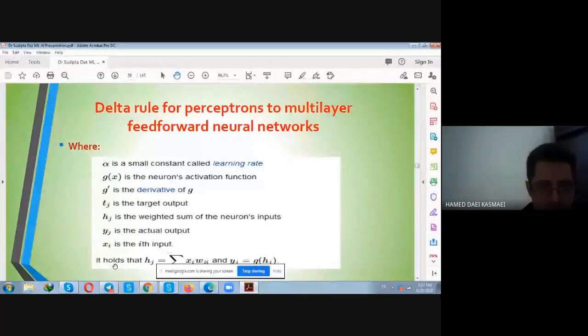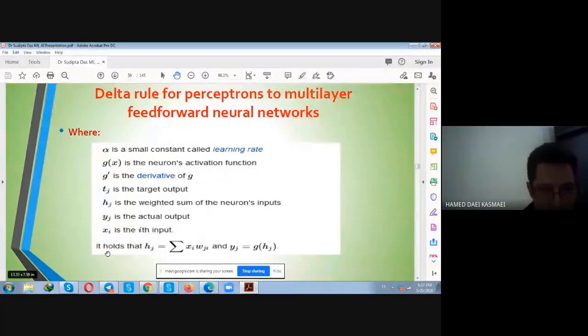It holds that h_j is equal to the summation of x_i multiplied by W_ji, and y_j is equal to g(h_j).